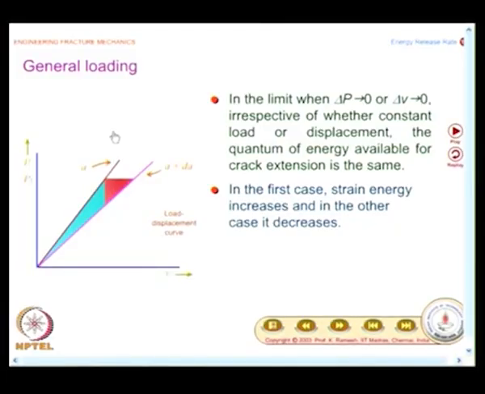We would again go back and look at the graph just to reconvince ourselves. You have the general loading, and we put this as a red triangle, and the key point to note is, when dP or delta P tending to 0 or delta V tending to 0, this triangle also goes to 0.